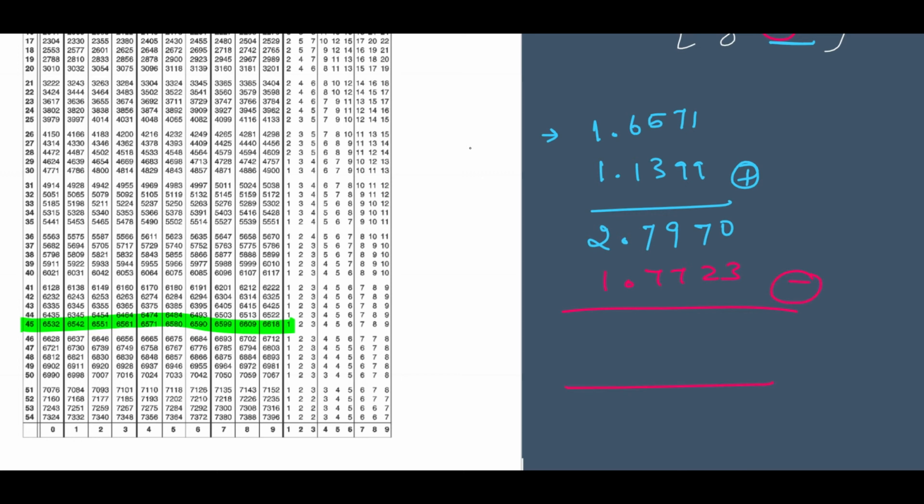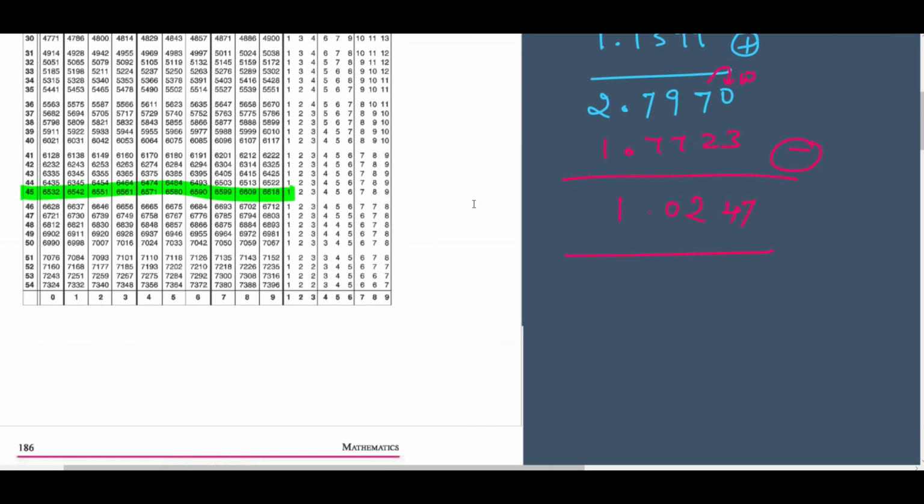Subtraction we have to follow here. Direct subtraction is not possible here, we have to take the borrow. So 10 minus 3, and so on, then 1. So 1.0247 is our answer.